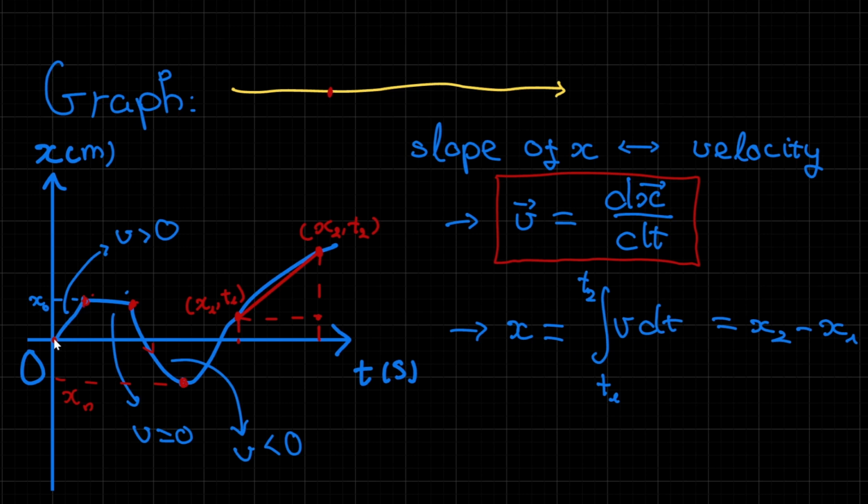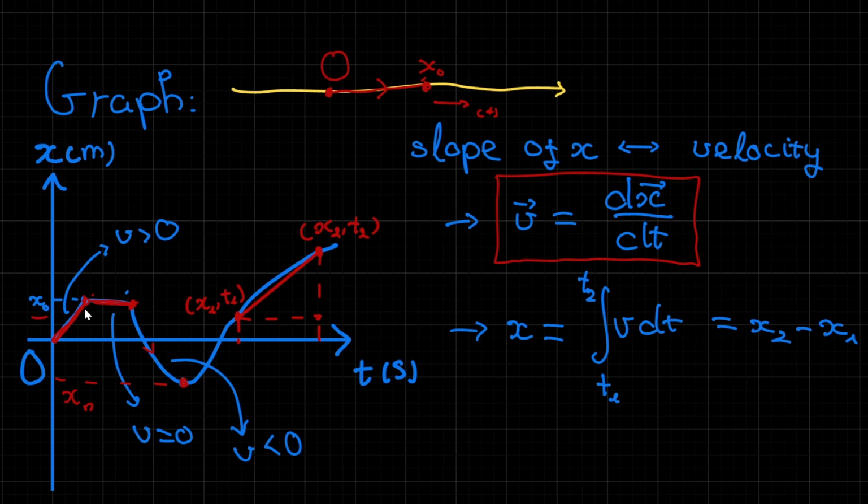Now looking at this, you see that the distance, or the position, is increasing. So if this is our origin, you can imagine that it goes something like this, and our direction follows the positive direction of the axis, and we reach x0, this value.